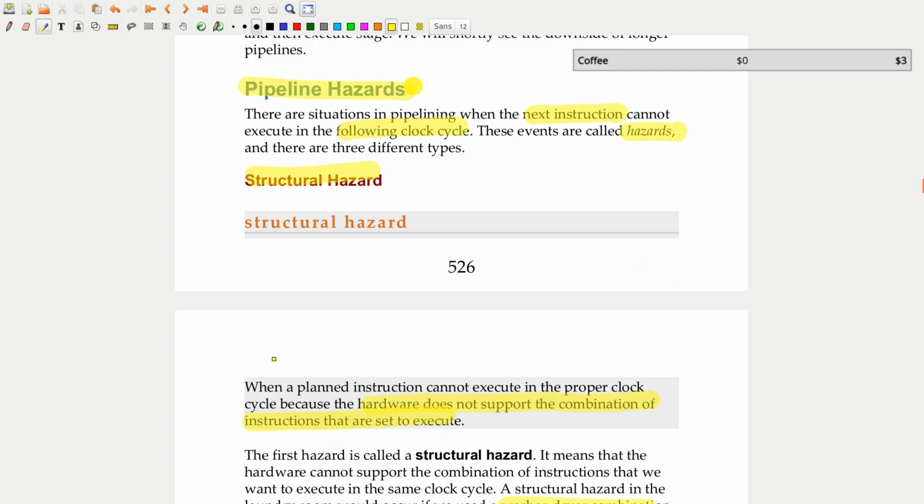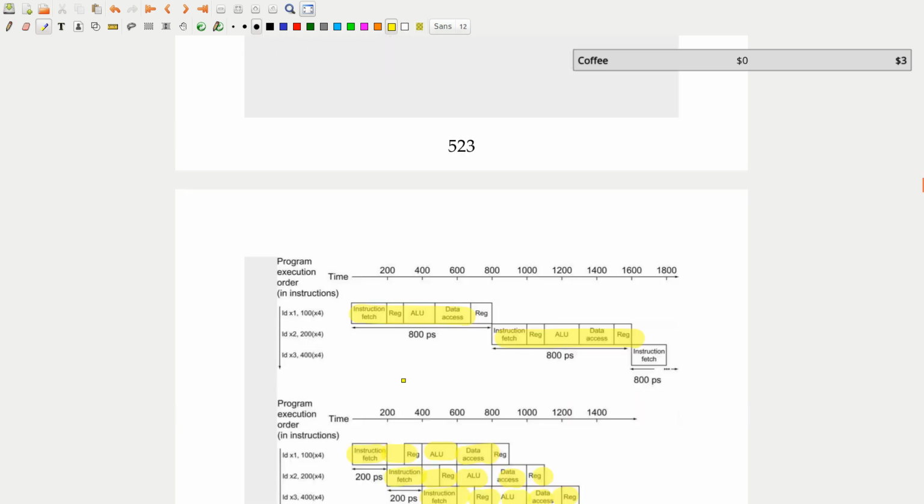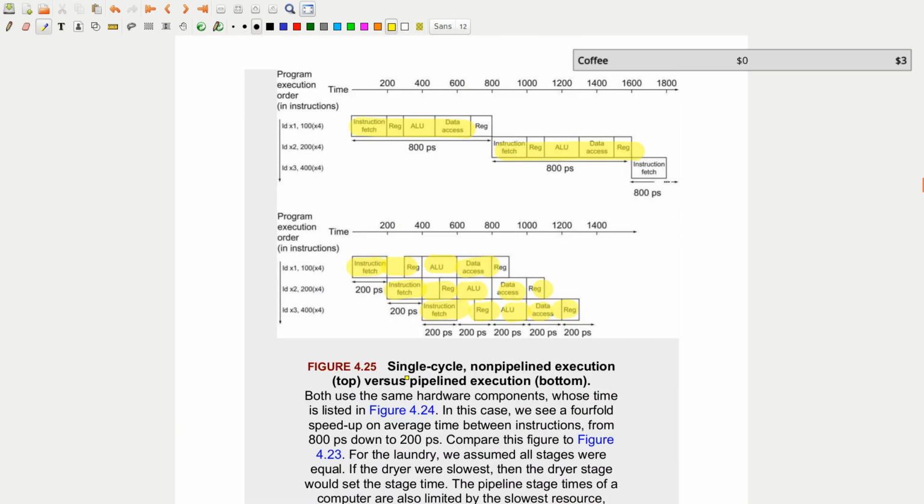So let's go back to 4.25. Let's get rid of some of this highlighting. What they're trying to say here is that if we had a 4th instruction down here that was trying to fetch at this point, we see that data access would be trying to do it at the same time as fetch.